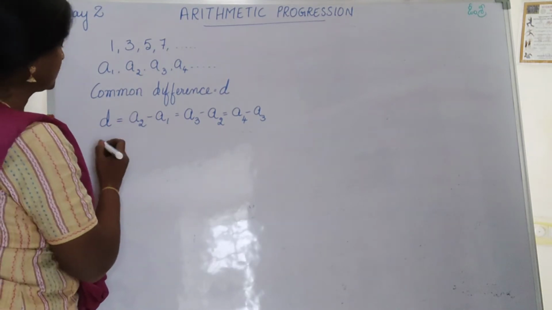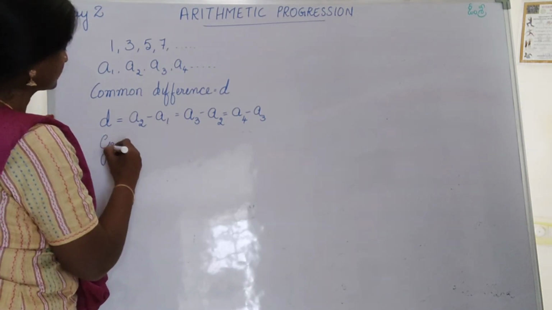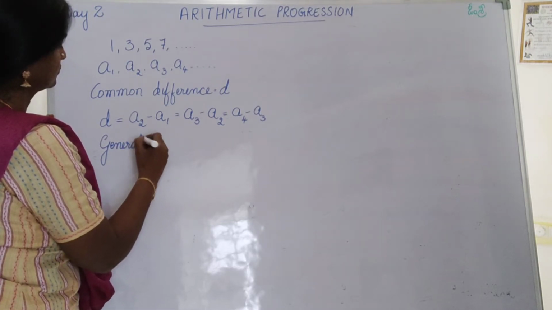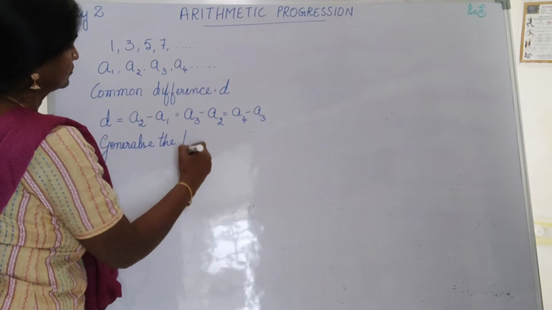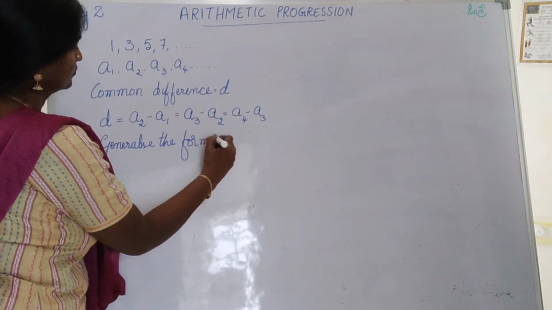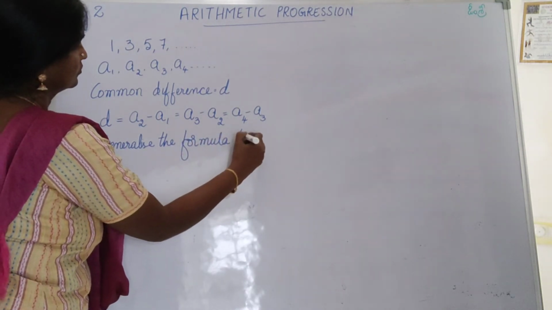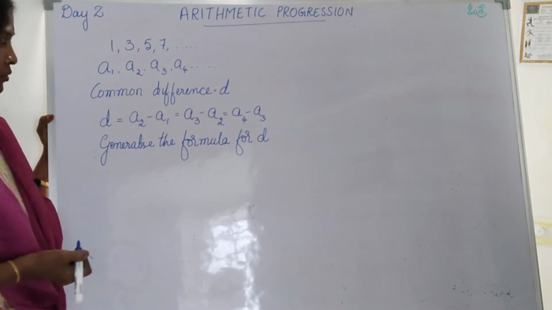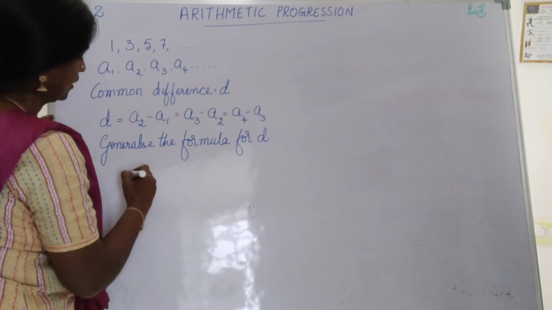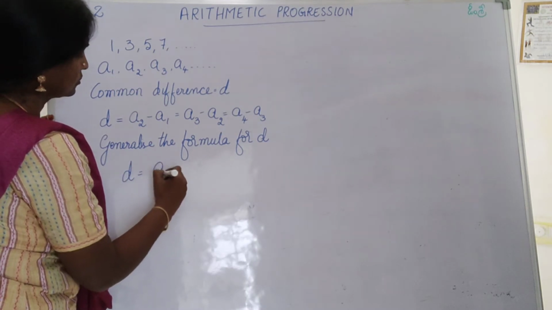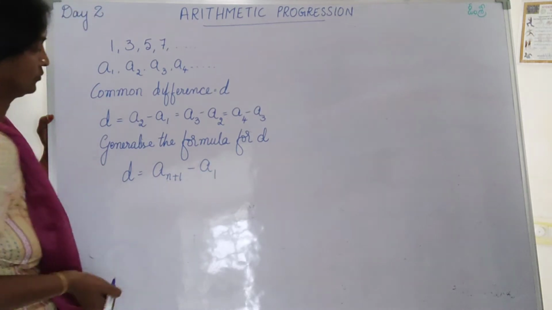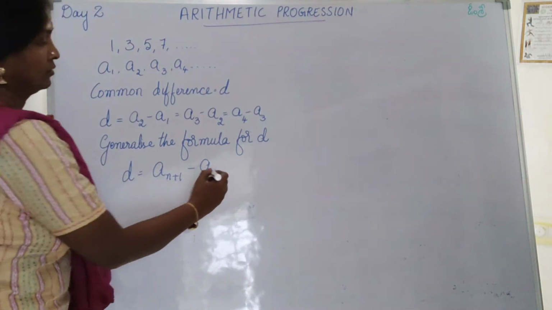So here we can generalize the formula for common difference of an arithmetic progression as d is equal to a n plus 1 minus a n.